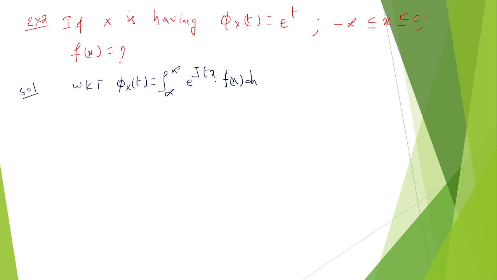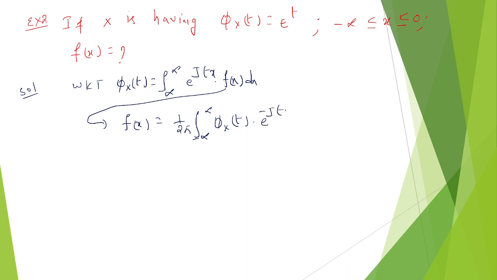From this, f of x equals 1 by 2 pi times the integral from minus infinity to plus infinity of phi x of t multiplied with e power minus jtx with respect to t. This is the density function for x.